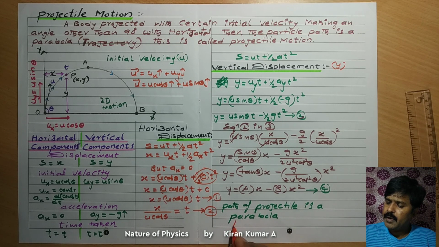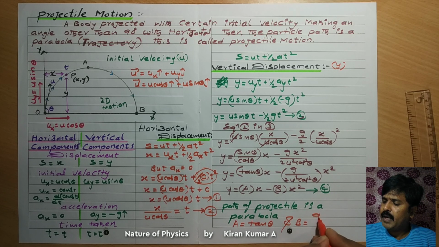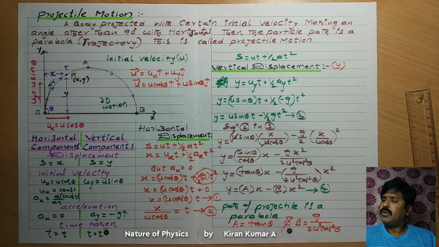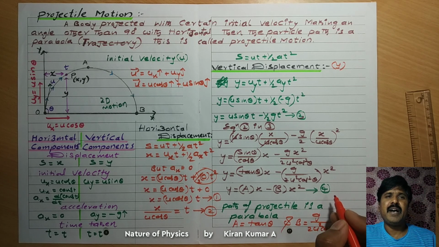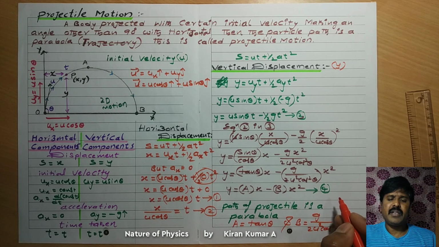I can write a is equal to tan theta, and b is equal to g divided by 2u square cos square theta. So now equation 4 represents the path of the projectile as a parabola. This is projectile motion.